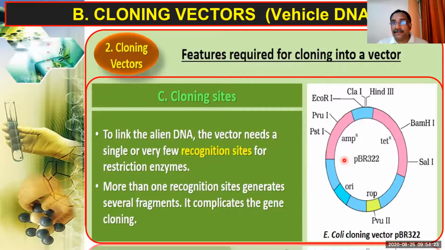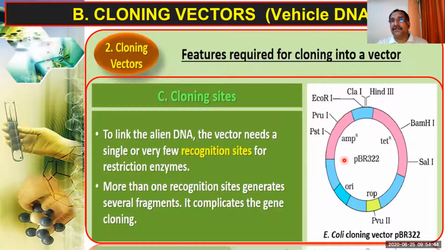The number of recognition sites may be 1, 2, 3, or many. But remember, fewer restriction sites are always better than many. If many are there, it gets complicated.